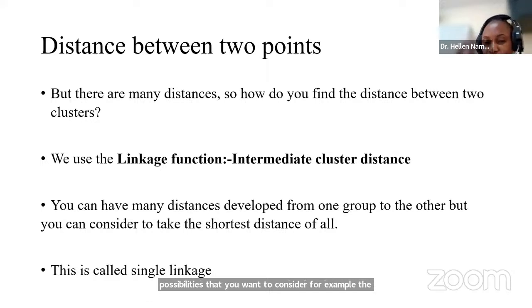In that case, we'll call that one a single linkage. There are also other circumstances whereby you want to consider the farthest points in between the clusters, and we're going to call that the complete distance. Please mark the words, because when we get to the R script, I'm going to be using the same wordings.